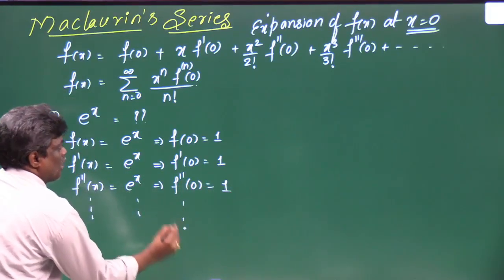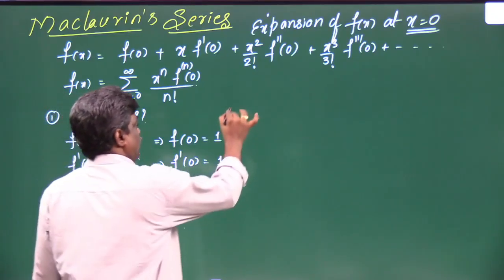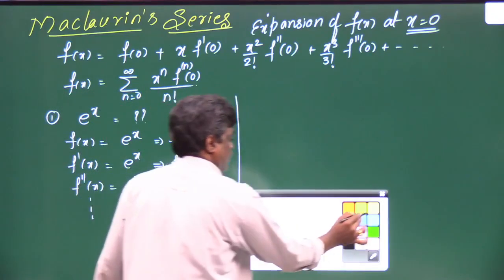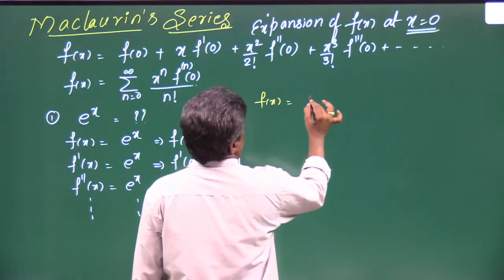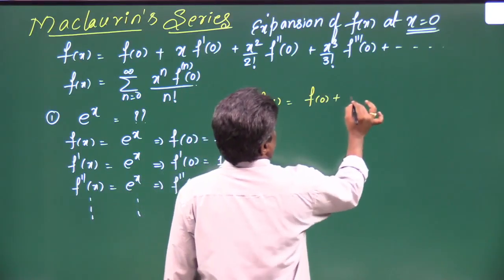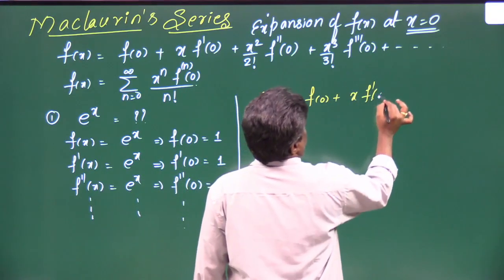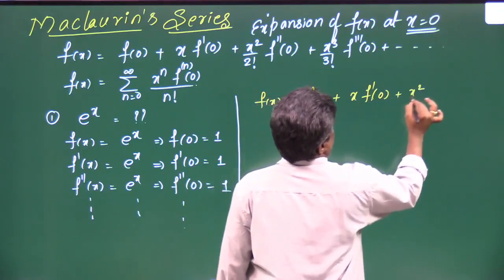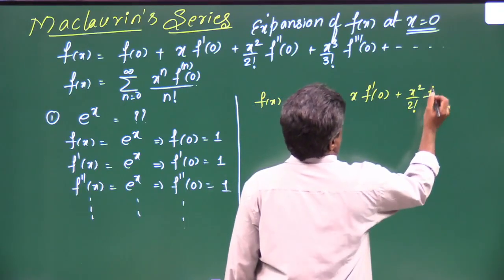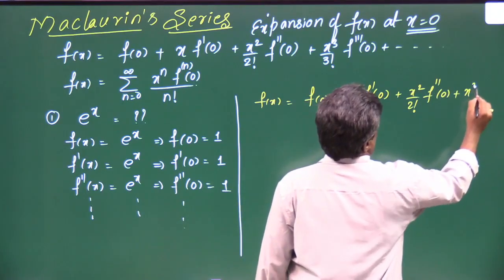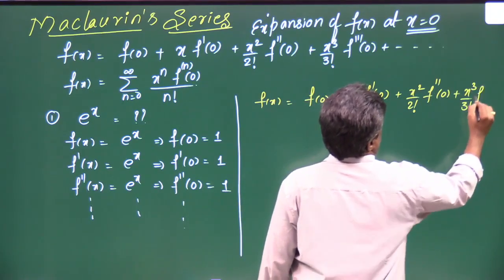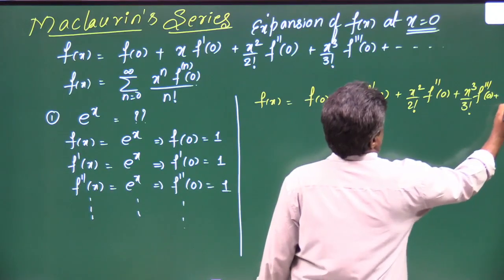Now let me take the expansion. The formula: f of x equal to f of 0 plus x into the first derivative plus x square by 2 factorial and the second derivative plus x cube by 3 factorial and the third derivative, and so on.